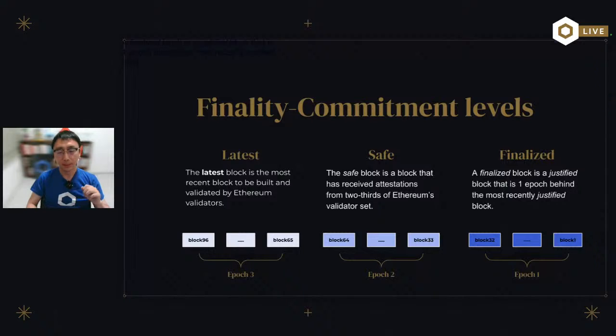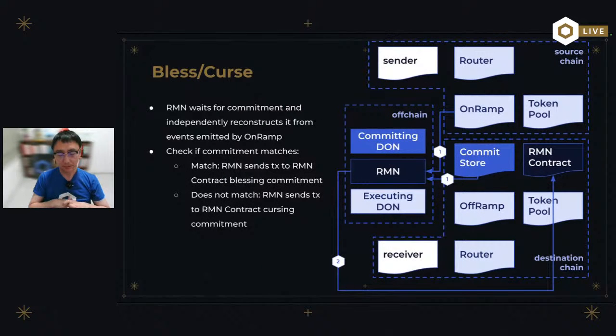Okay, cool. The second step after the commit is called bless and curse. Bless and curse is a terminology from CCIP, and you can just understand it as certified or uncertified. It is like this.